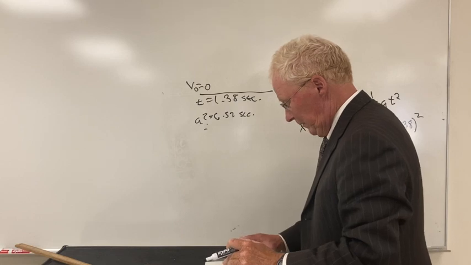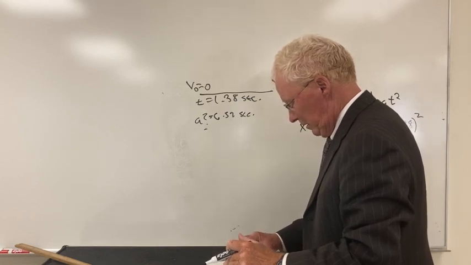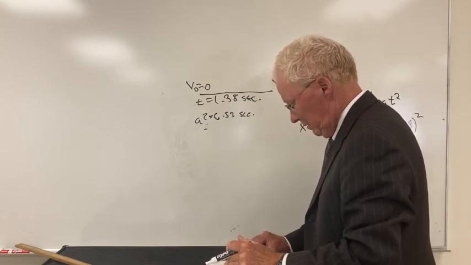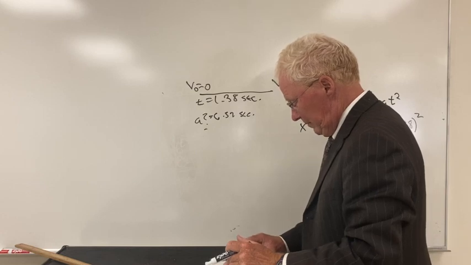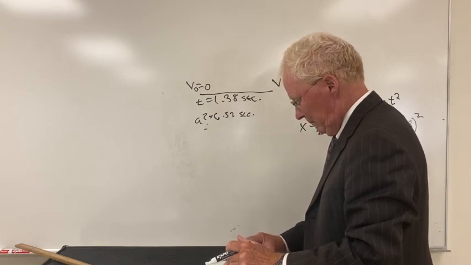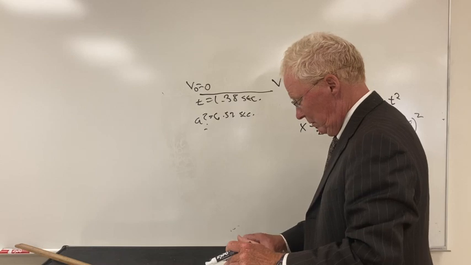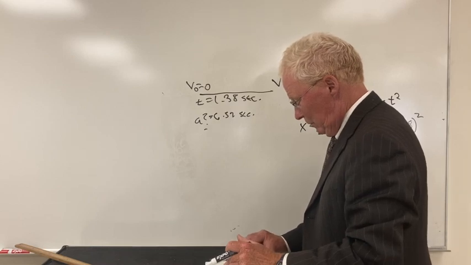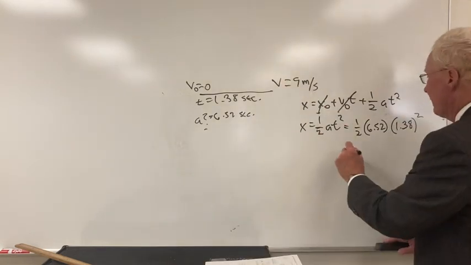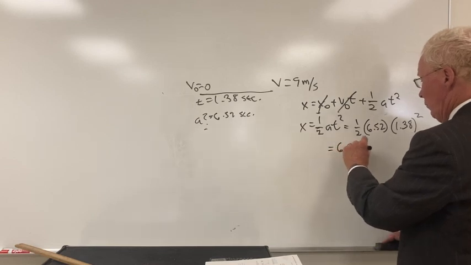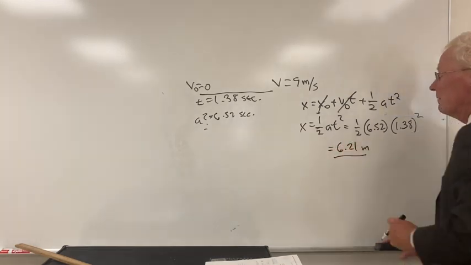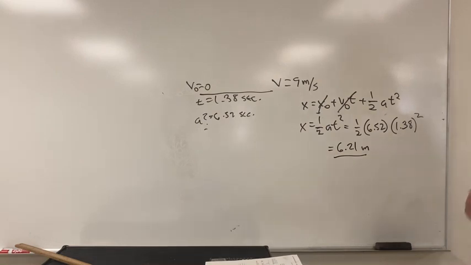So if I solve for this, 1.38 squared times 6.52 divided by 2, I get 6.21 meters, right? So that's how far she would travel using that.